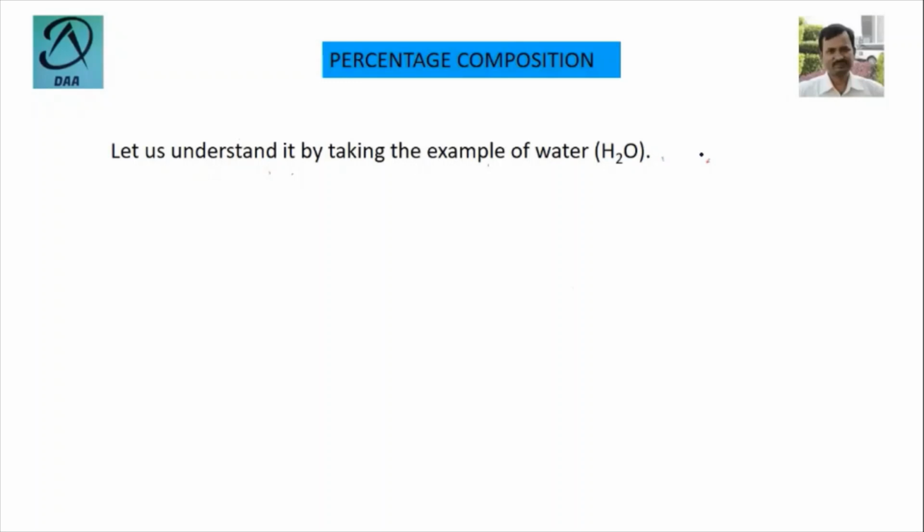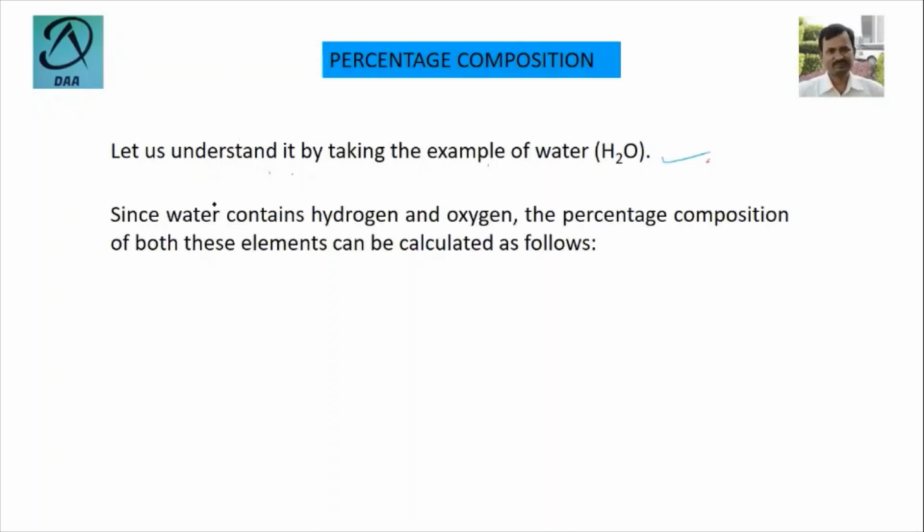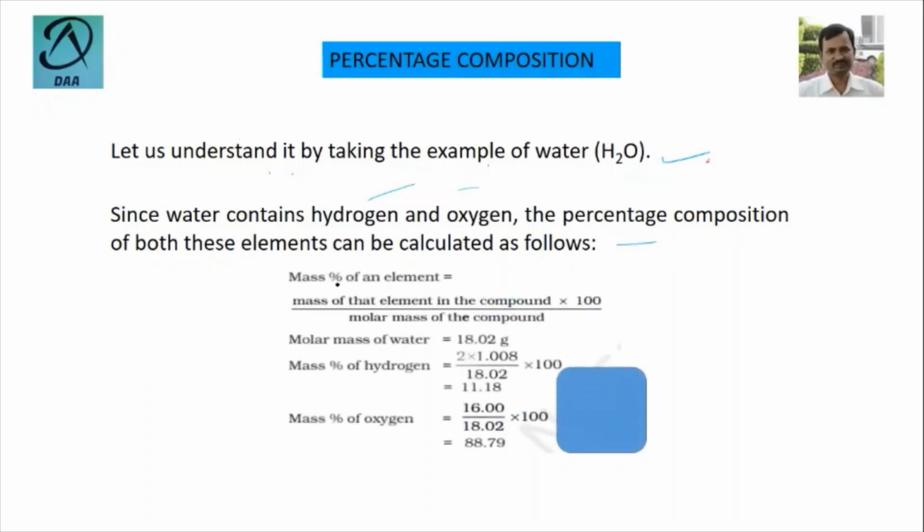So we'll consider an example of the water molecule, H2O. In this case, the percent composition of hydrogen and oxygen is calculated using a general formula: the mass percentage of an element is the mass of that element in the compound multiplied by 100, divided by the molar mass of the compound.